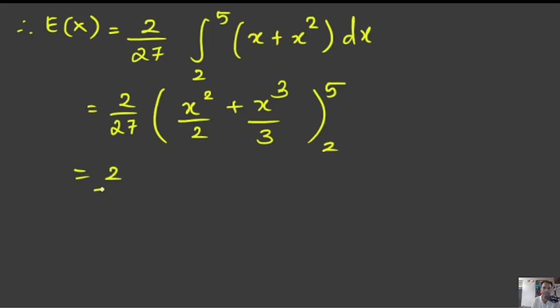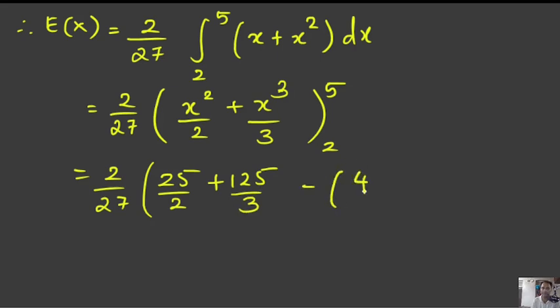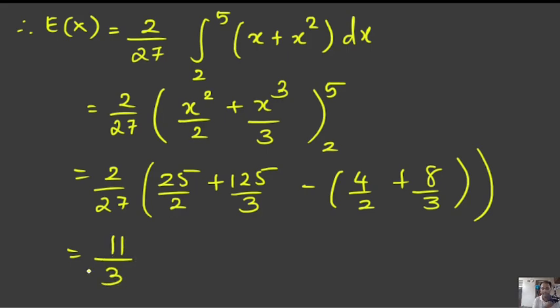Now when you plug in the values, you will get (25/2 + 125/3) minus (4/2 + 8/3). On simplification of all these terms, you will get your answer as 11/3. So that is the answer over here.